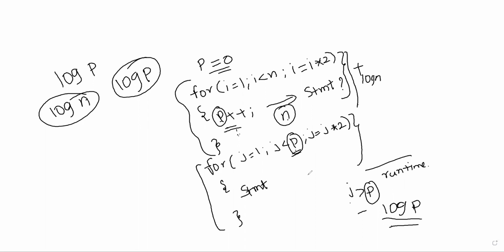Why? Because here I calculated the runtime in terms of log p. So I need a common standard. So this is log n, this is log p. Either you have to write log n plus log p, or you have to know the value of p and then you can substitute. So what is the value of p in terms of log n?